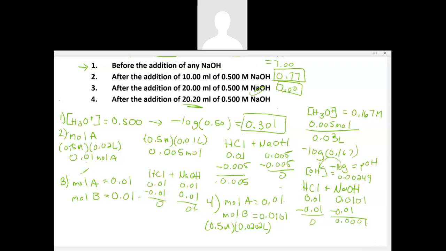We have to do one more thing here. After we plug this in, I'm going to get my pOH. There we go. So pOH is equal to 2.6.